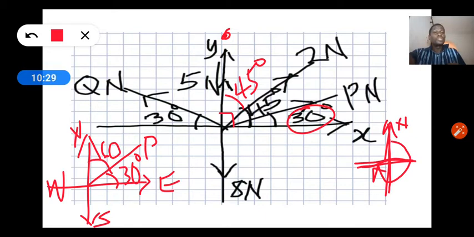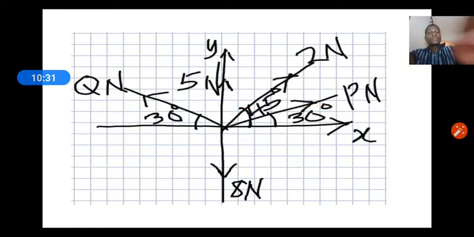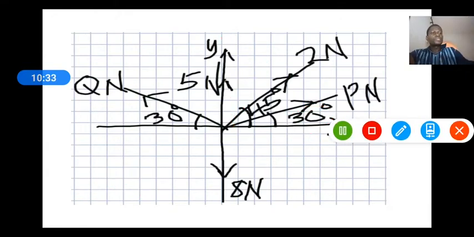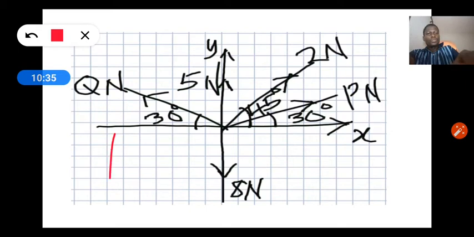My Q is 300 degrees. Look at it. If I go 300 degrees, 300 degrees begins from the north. 90 up to that point gives me 270. If I exceed that quadrant a little, I have 300 degrees.